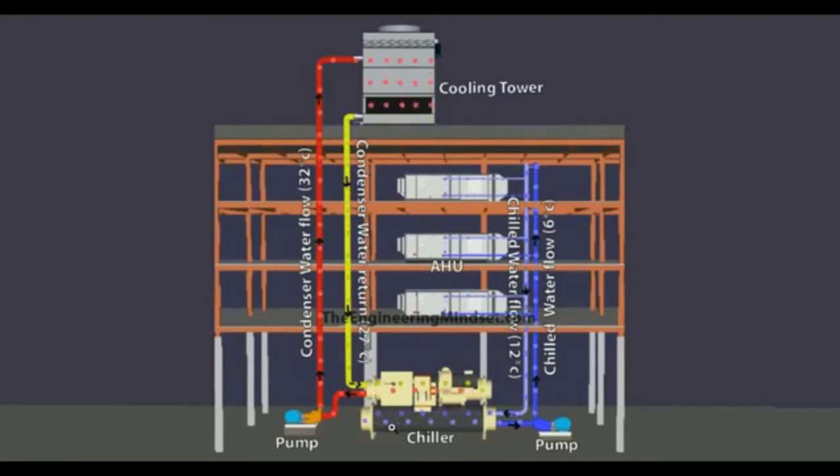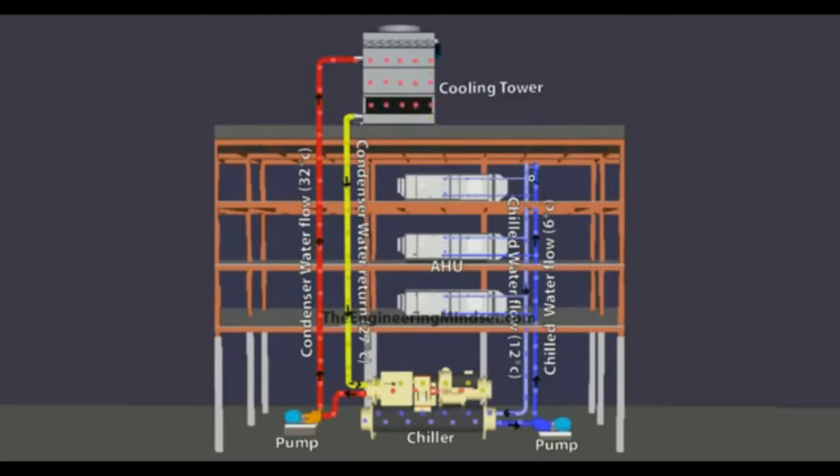So in the chiller, the chilled water which is produced in the evaporator is leaving at about 6 degrees Celsius. This centrifugal pump is then pushing that water around the building, where it enters into these AHUs that collect up all the unwanted heat within the building.